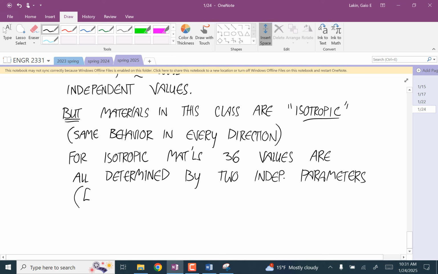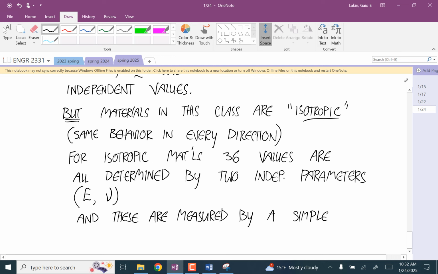Those parameters are called capital E, like the stiffness matrix, but this isn't a matrix, it's just a value. And nu, the Greek letter nu, and these are measured from one simple tensile test, where all you do is you stretch this thing, you measure the force, you measure the deformations, and that's it.